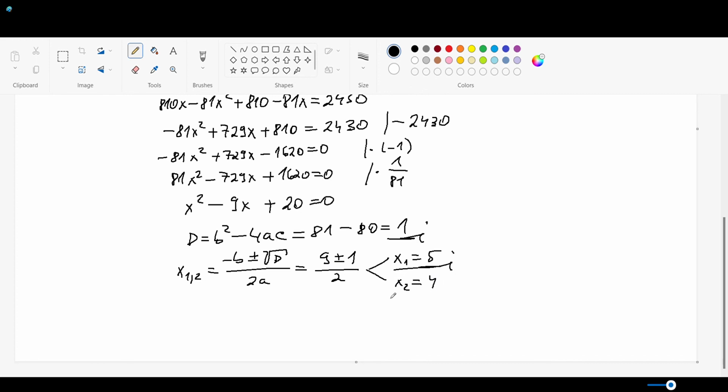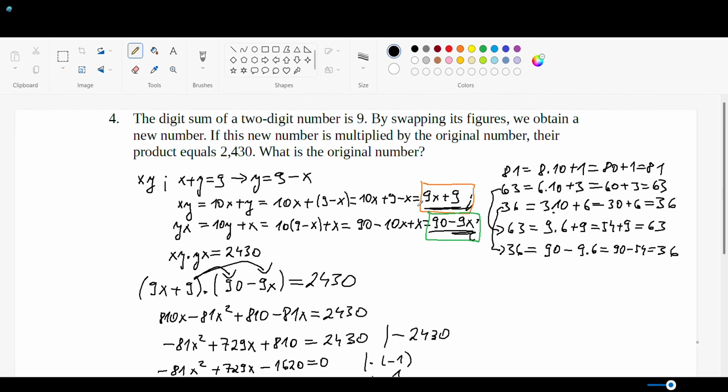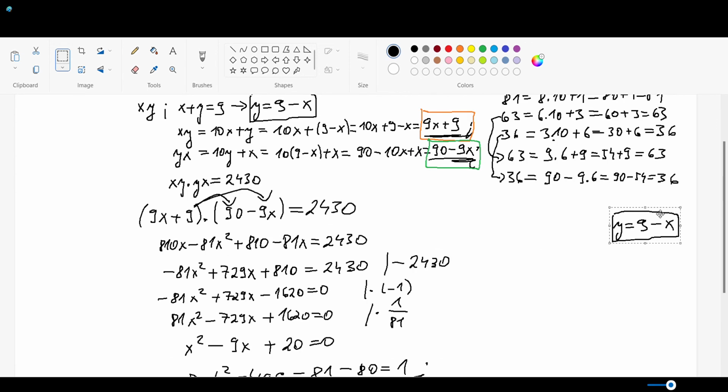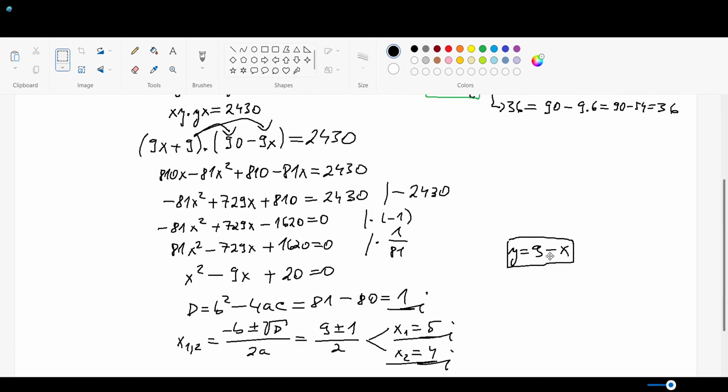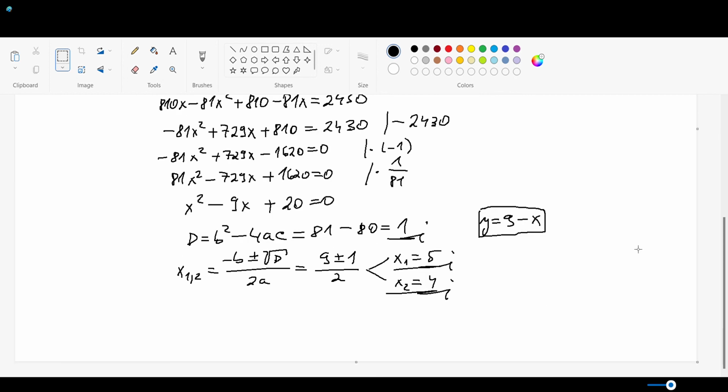So these are my 2 roots, and if I come back to this substitution here, I can very easily calculate the y of my 2-digit number. So let's do it this way. I will use it here so that you can clearly see. Now I will calculate my y.